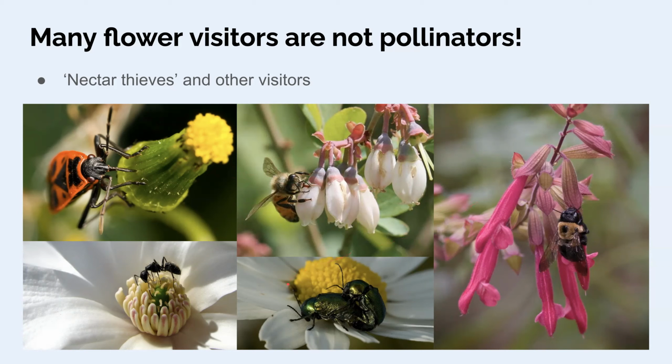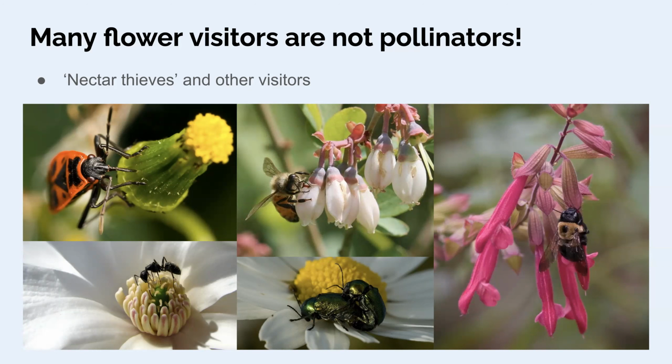In other cases, you might see animals engaged in behavior that's not really foraging for anything from the plant's perspective. This might not result in any pollination. Here, these two beetles copulating, or this ant visiting a flower. Sometimes ants are visitors to flowers, but ant behavior typically is not quite in line with what the plant needs to get its pollen delivered.